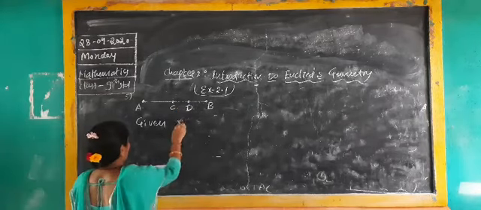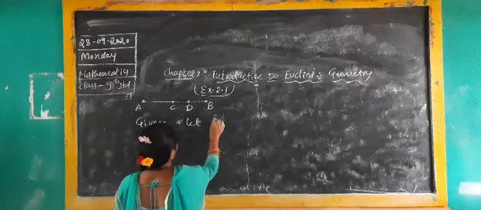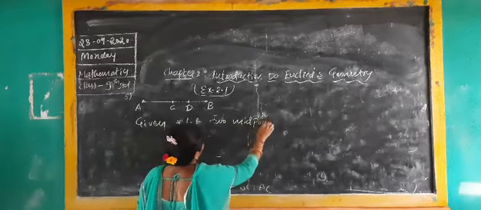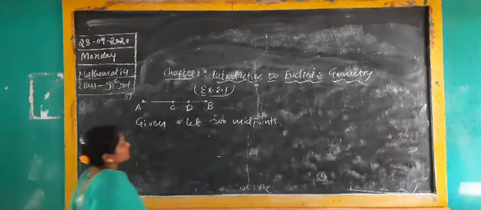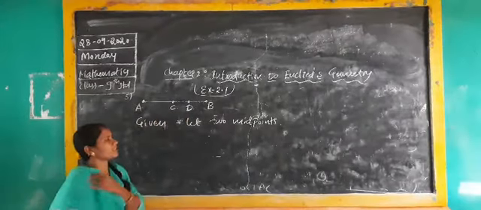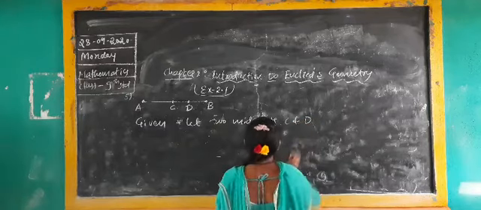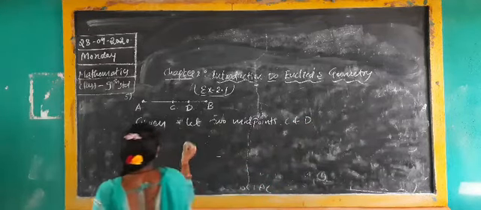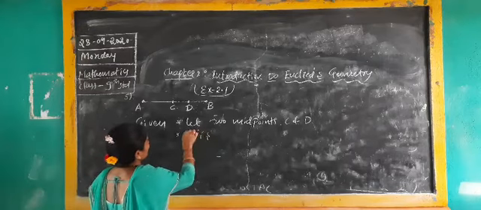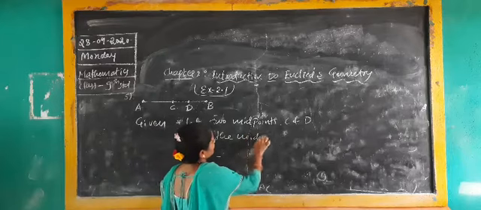Given, let there be two midpoints. Here see AB is a straight line, and the midpoints will be C and D. Write down C and D are the midpoints of AB. We have to find that C is the only midpoint of AB.